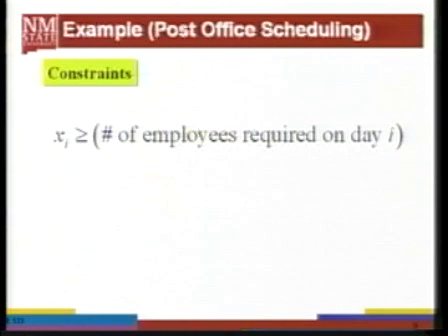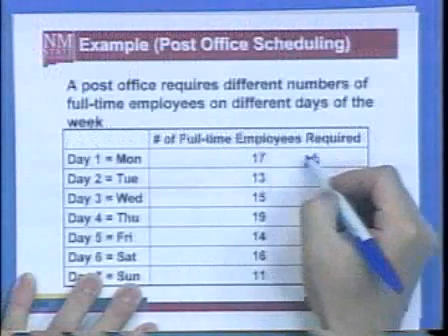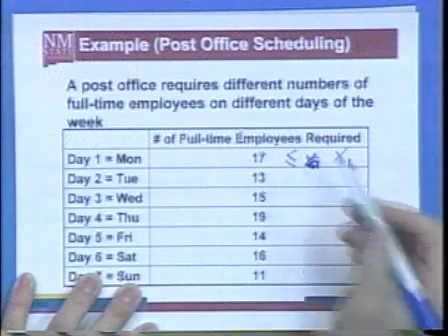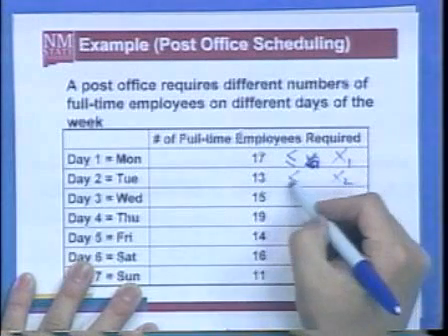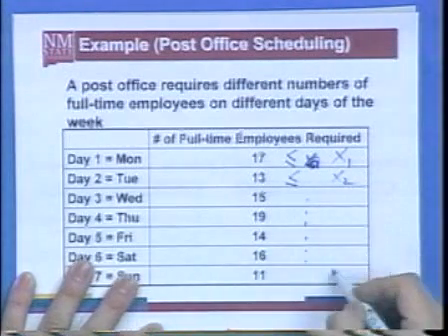And to ensure that the post office has enough full-time employees working on each day, you need to add these constraints. X of I is greater than or equal to the total number of employees required on each day. So for example, for Monday, x of 1 is greater than or equal to 17, x of 2 is greater than or equal to 13, and so on, right?